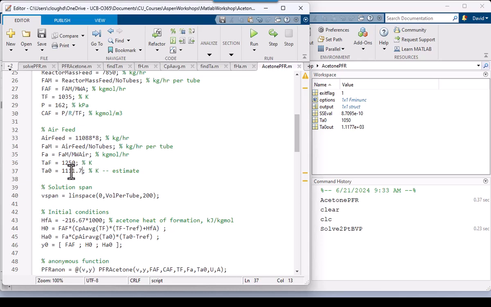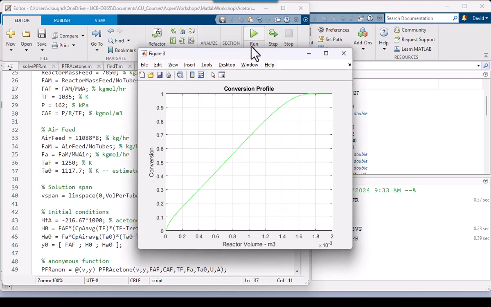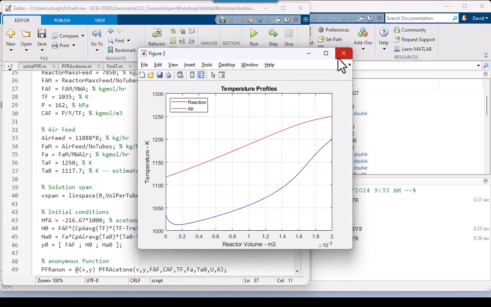Put that in and run this particular model, and it gives us our conversion profile, very similar to what we saw before. And then it gives us our temperature profiles, and you'll notice that we have met the requirement for the entry temperature there at 1250, okay?